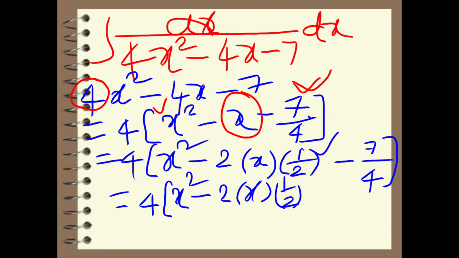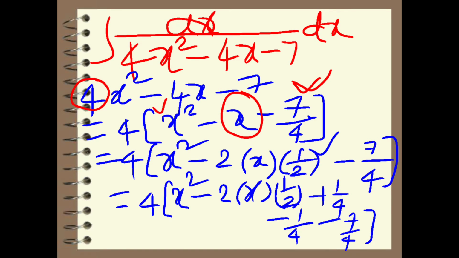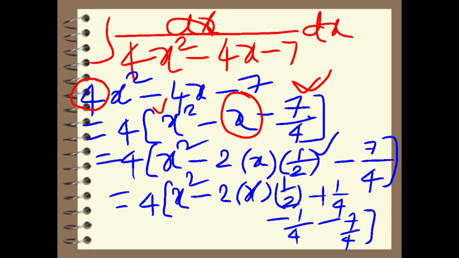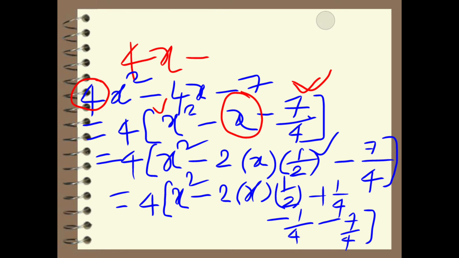Now what is 1 by 2 whole square, students? 1 by 4. I think you know. So adding and subtracting 1 by 2 whole square, that is nothing but 1 by 4 minus 1 by 4. Already minus 7 by 4 is there. So minus 7 by 4. Now we have to calculate it. Students, here space is not there, so I am erasing from the top. Please don't get confused.